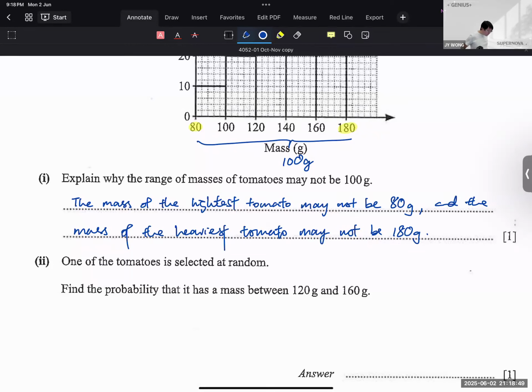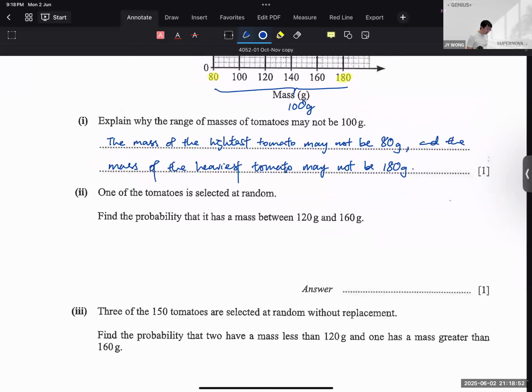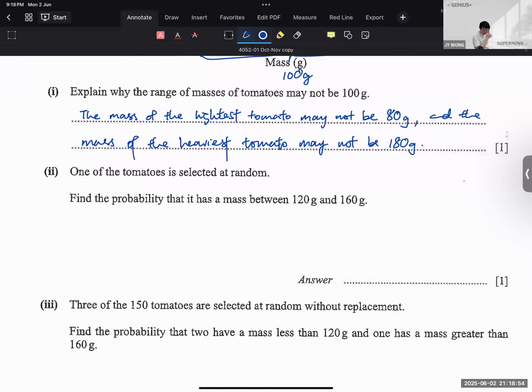All right? One of the tomatoes is selected at random. Find the probability that it has a mass of between 120 to 160.